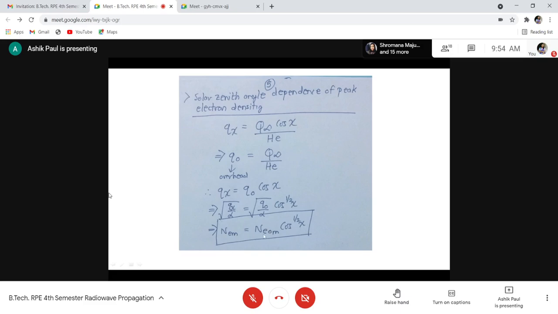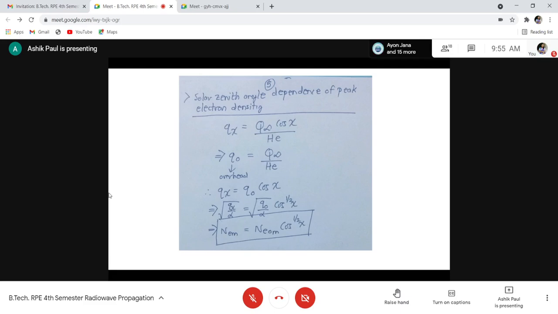The peak value or maximum value of the electron density for the overhead condition is a function of chi. That means at different incident solar zenith angles, this value of the peak electron density will be different. So that's a second important deduction that we can have.